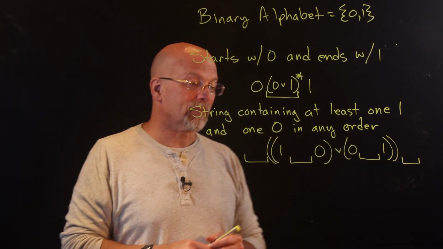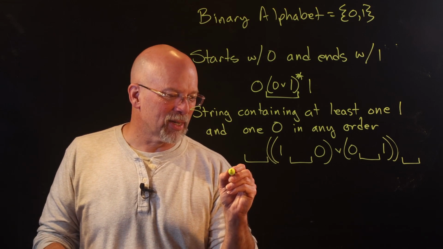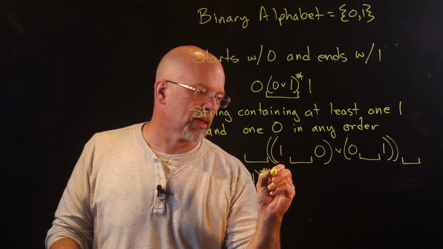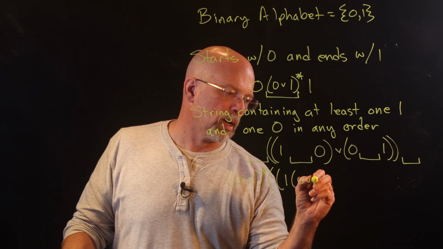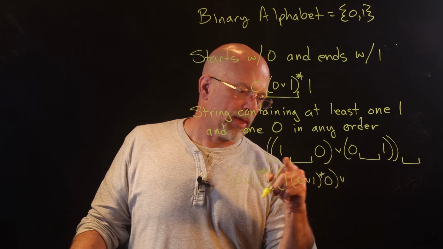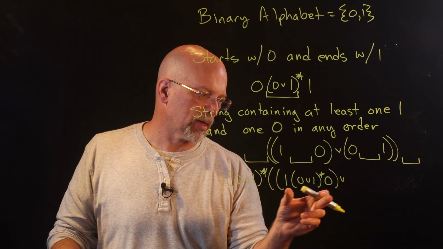Writing this one down should be pretty easy. So this would be (0∨1)* concatenated with 1(0∨1)*0. Or, and that comes from this, so this (0∨1)* is for this piece right here.